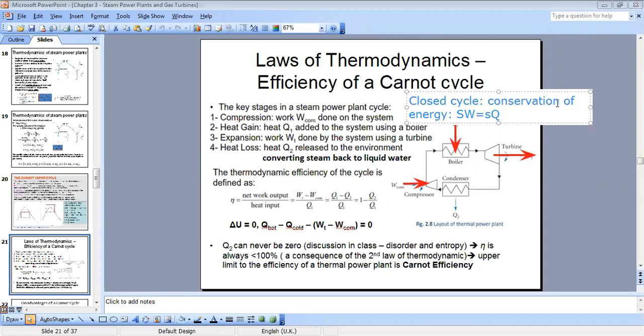Here I can write, for the sum of work, I have the work of the turbine. In our convention, work is positive when it is produced by the system. So the sum of work is work of turbine minus work of pump, equal to the summation of heat, which is Q1 that I provide to the boiler, minus Q that I lose at the level of the condenser, so minus Q2.